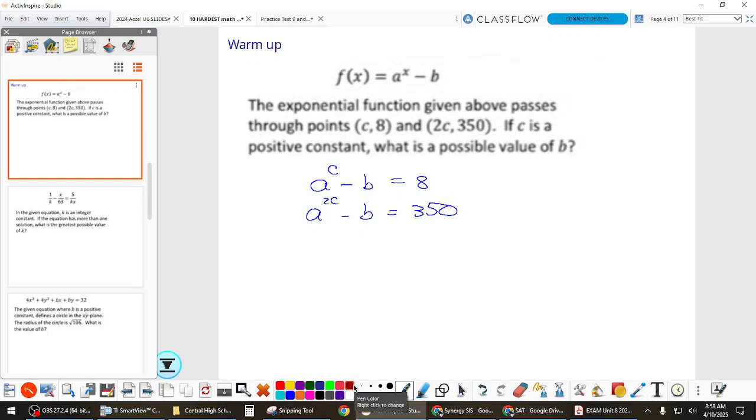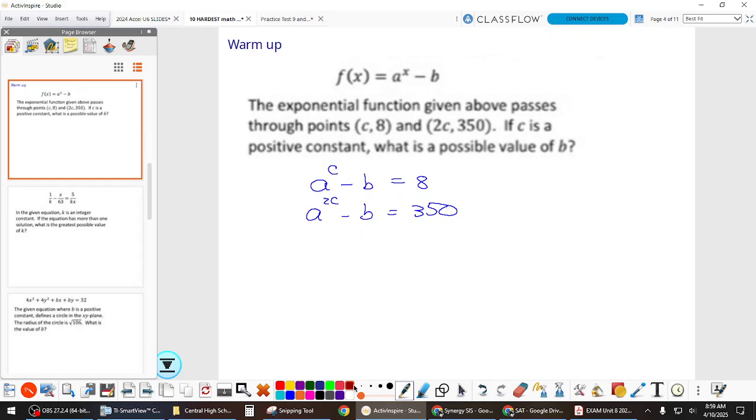Now, this is what kind of function? It's an exponential, so you don't immediately think of setting it up like a system of equations like this, do you? I agree, it's not intuitive, it's not your first thought.